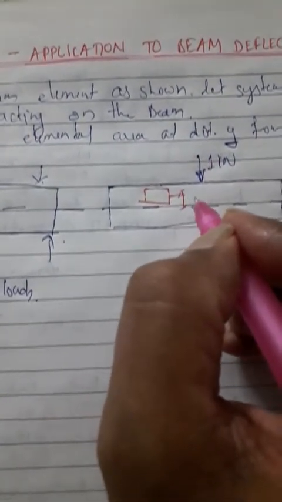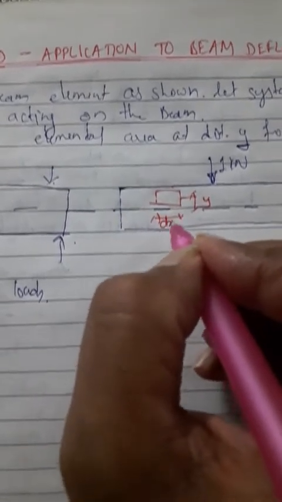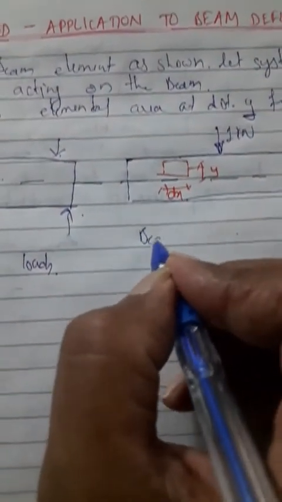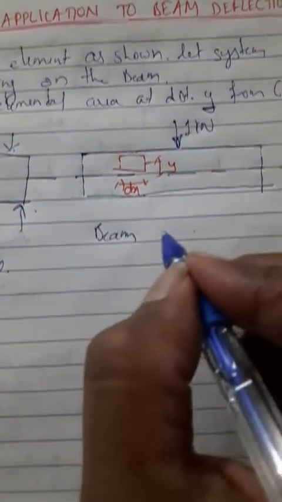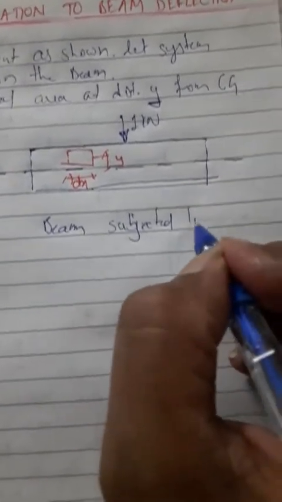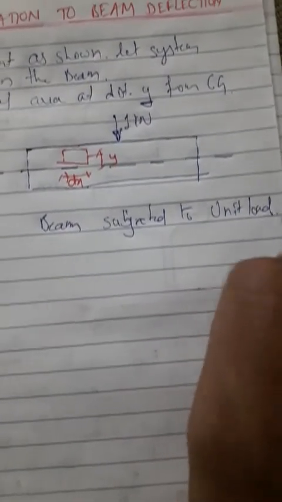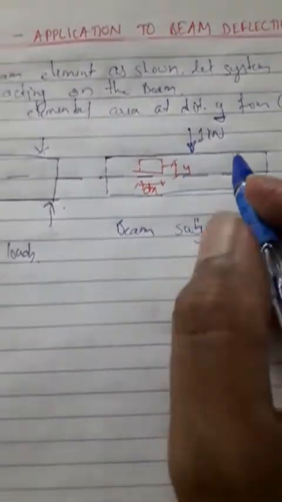Let its distance be y, element of length dx. So these are the forces. So the beam subjected to unit load. Unit load means 1 kilonewton load.